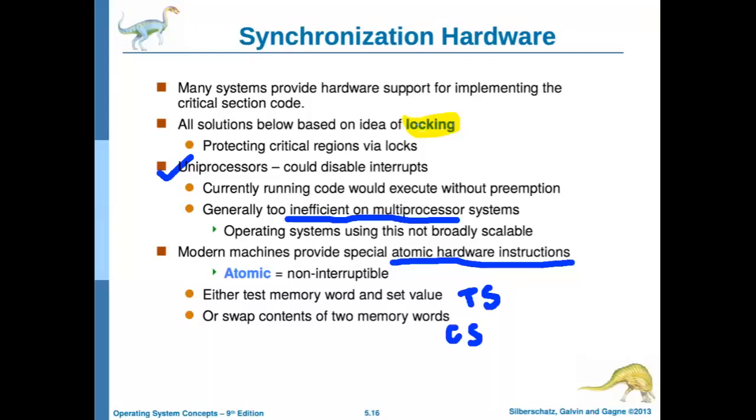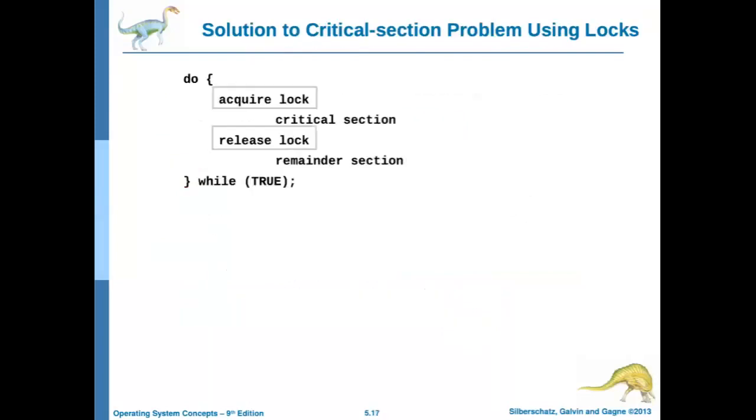Now let us go with test and set first, so you will come to know the idea. This is the overall idea of using locks. Now how to implement these locks?